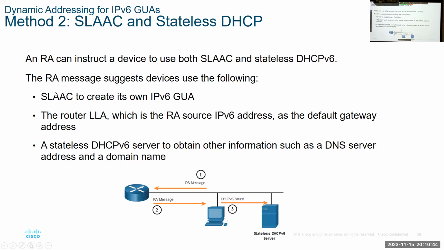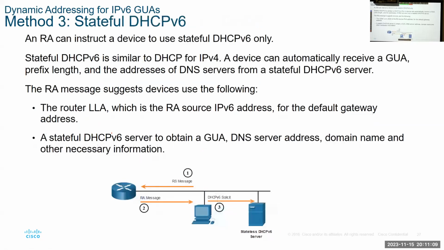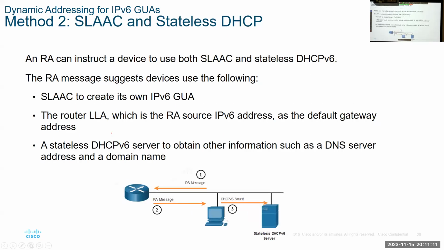The router that responds to the router solicitation will respond with a router advertisement. If it tells the client SLAAC, then it says create your own IPv6 address using this prefix. The link local address of the router will be included in the message, and that's what the device will use as its default gateway.